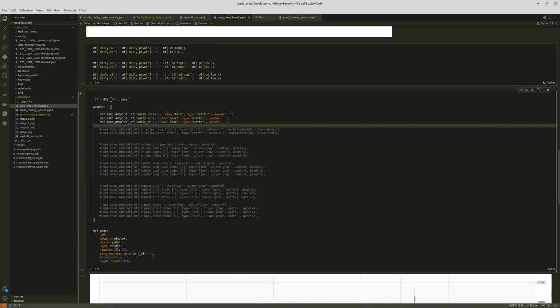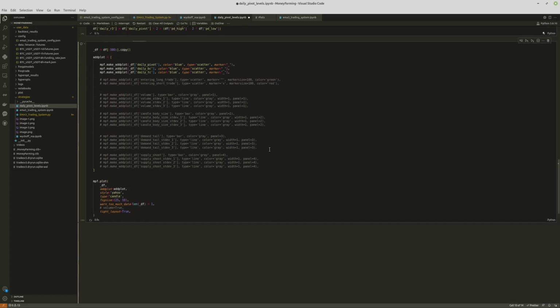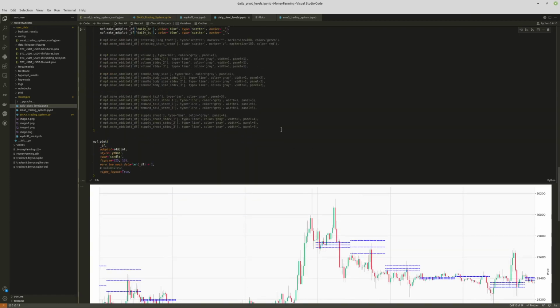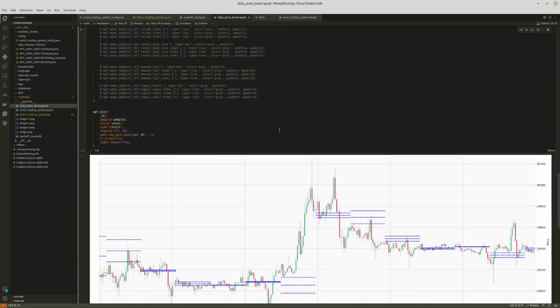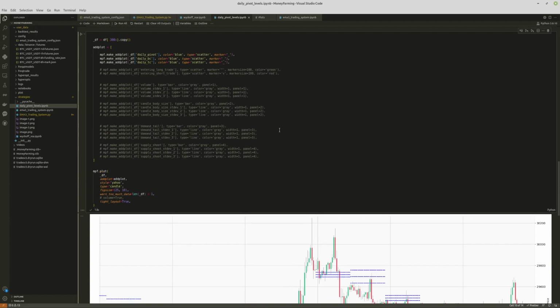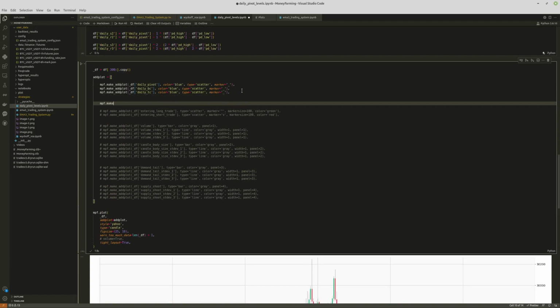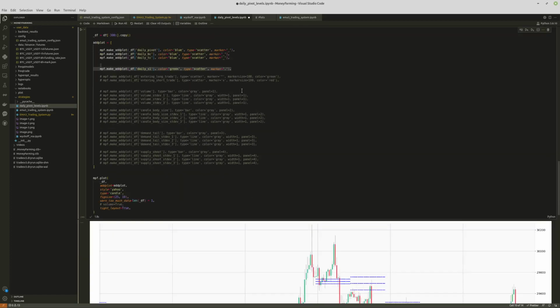Let me just get the last 300. All right, so we have our pivot points here, and what we want to do is plot the R1 and S1 as well. Daily S1, color is green, type is scatter, marker, let's just draw that.